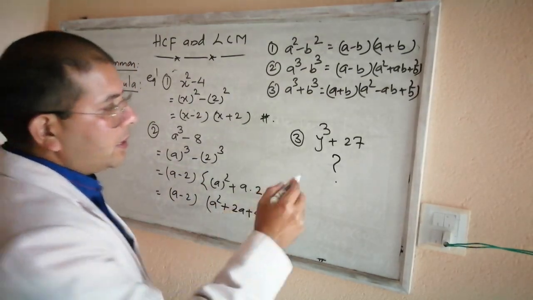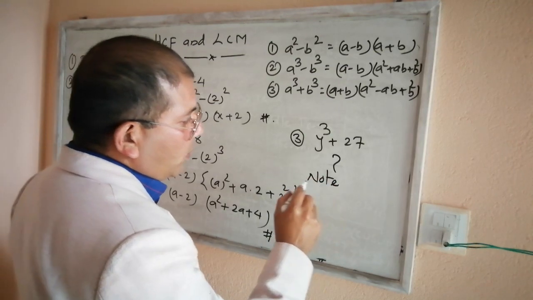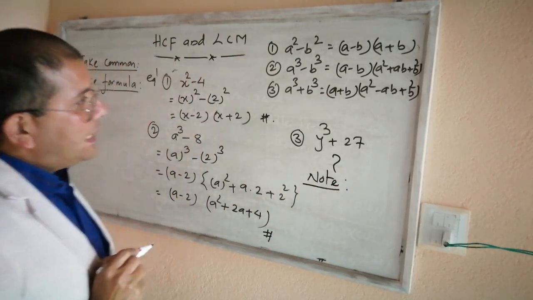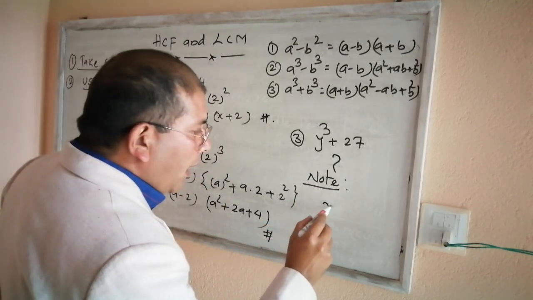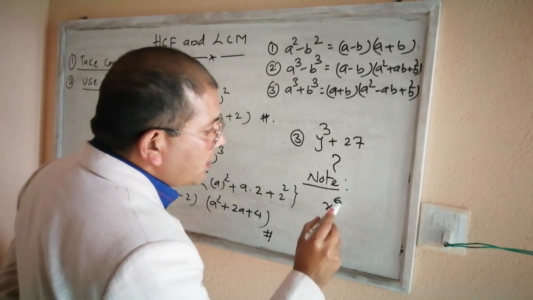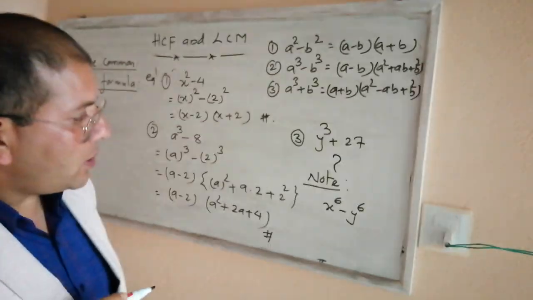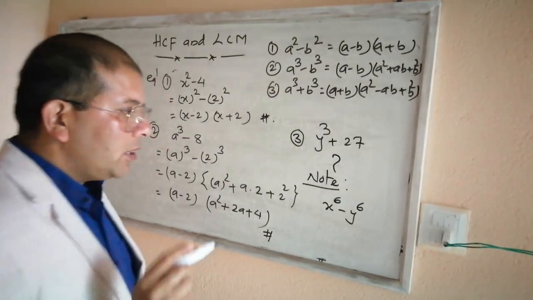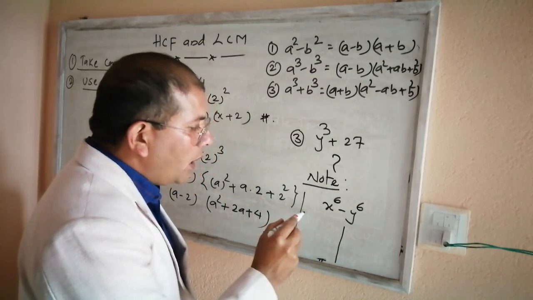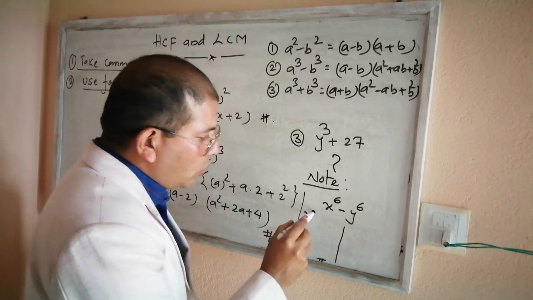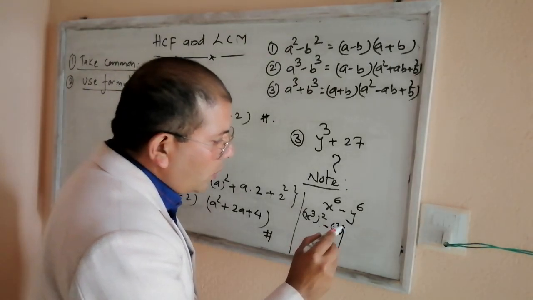And after this, I want to give one concept in this. I want to write a note here. If you have x power 6 minus y power 6, if you have this type of expression, then you have two methods. One is you can do (x cube) whole square minus (y cube) whole square.